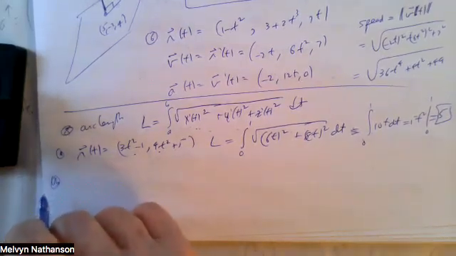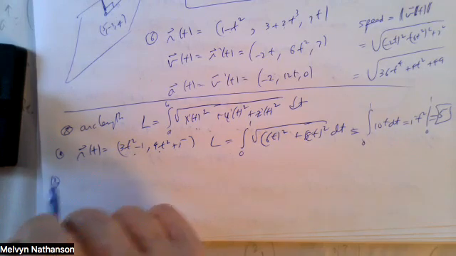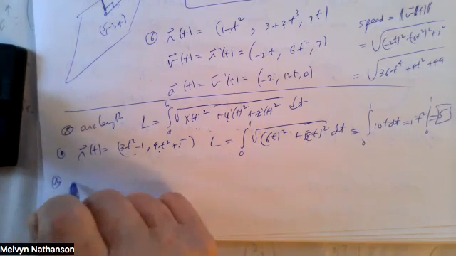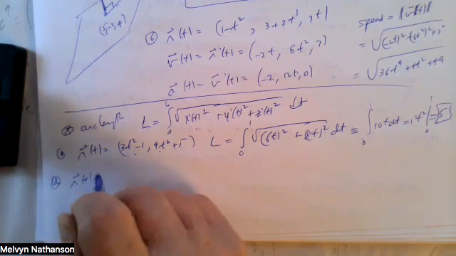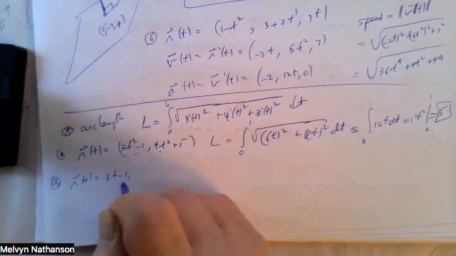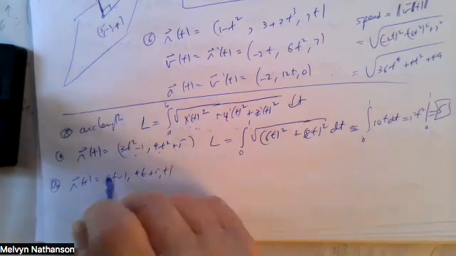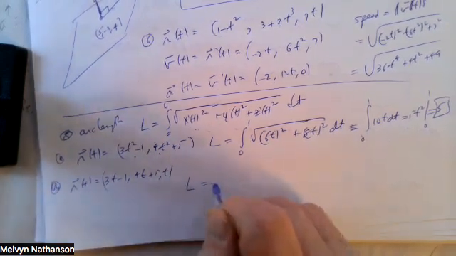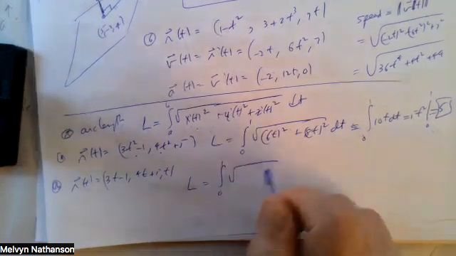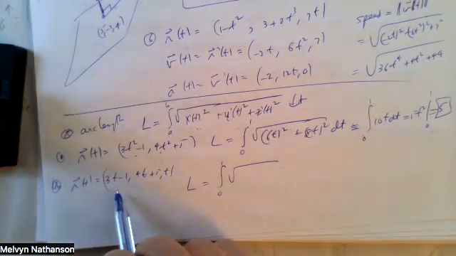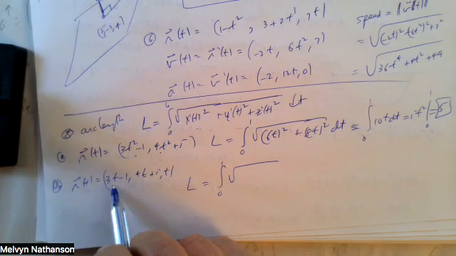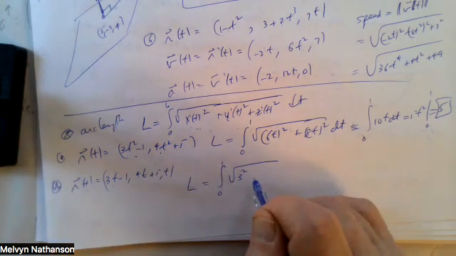If we take the curve in xyz space, so here r of t is 3t minus 1, 4t plus 5, t. The length of arc is the integral from 0 to 1, square root of the derivative squared. Derivative of 3t minus 1 is 3.